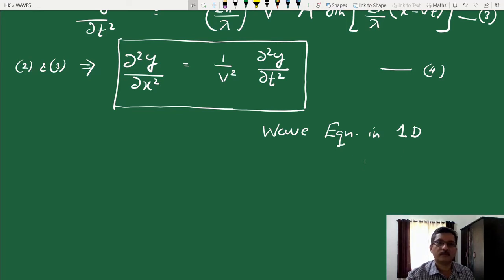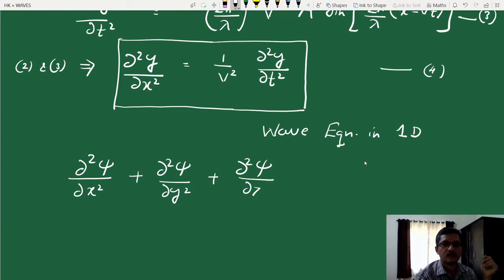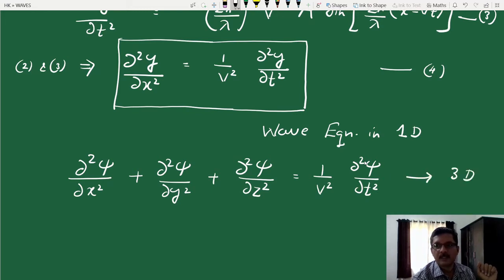Then we have ∂²ψ/∂x² plus ∂²ψ/∂y² plus ∂²ψ/∂z². So second order derivatives in x, y and z. This ψ is the wave function; instead of y I have used psi. This is equal to 1/v² ∂²ψ/∂t². This is the wave equation in 3 dimensions.